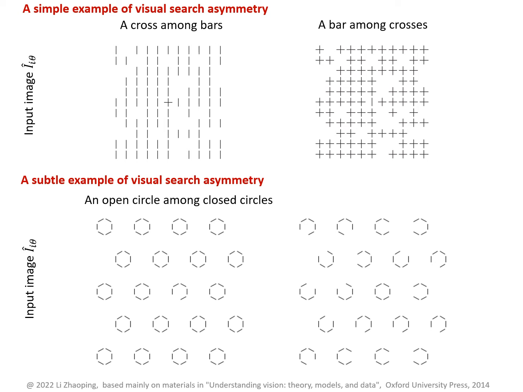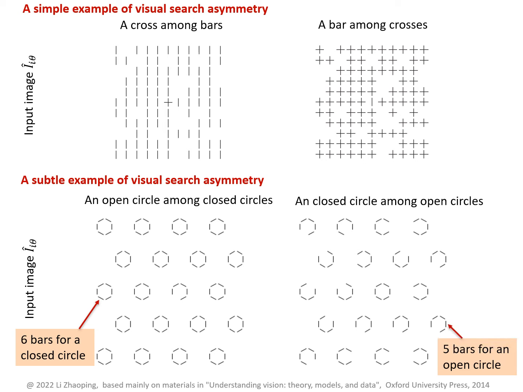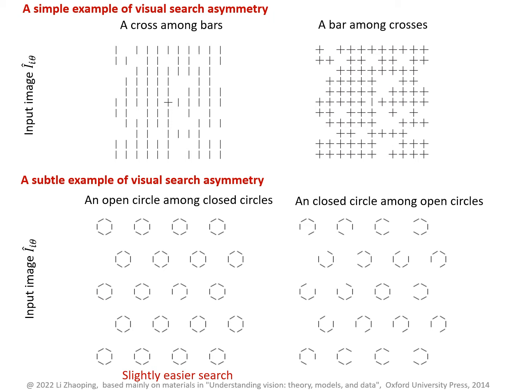On the left is a circle with a gap among closed circles, and on the right is the opposite, a closed circle among open circles. Each circle is sampled as multiple bars in a particular spatial arrangement. Since our V1 model does not have neurons tuned to such a particular shape of open or closed circles, it's only slightly easier to find the odd circle in the left image than in the right image.